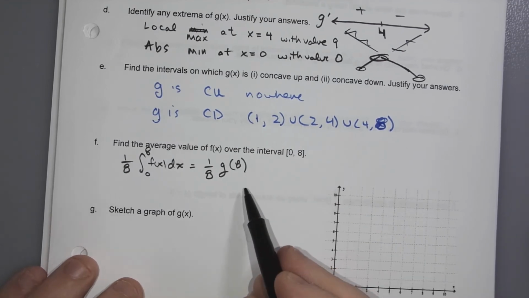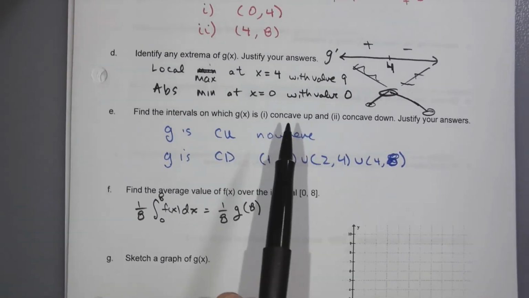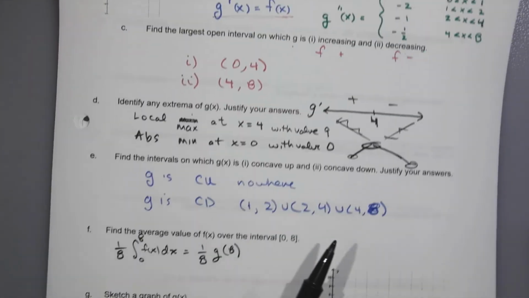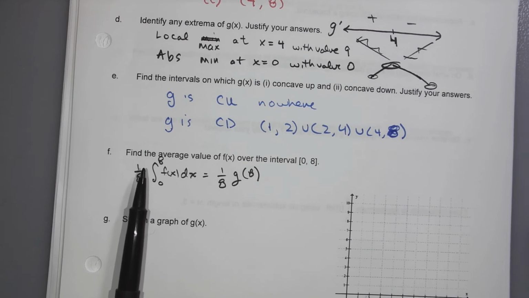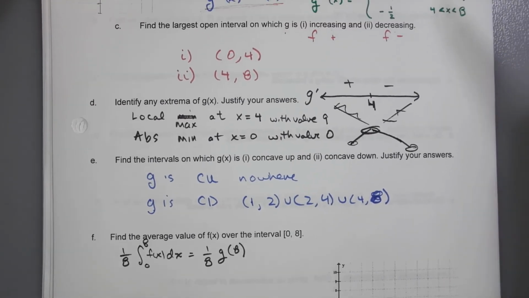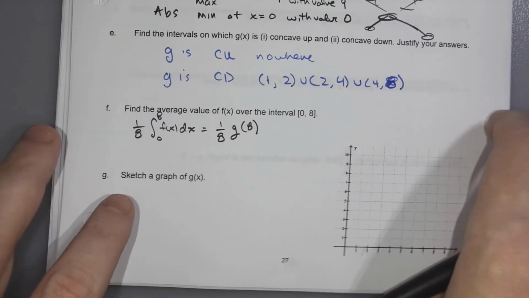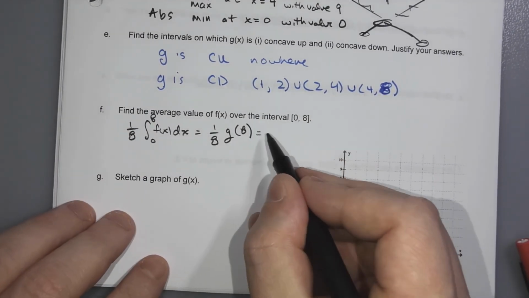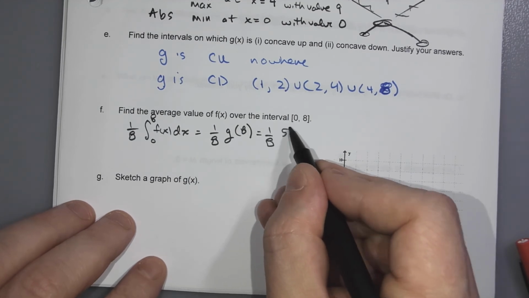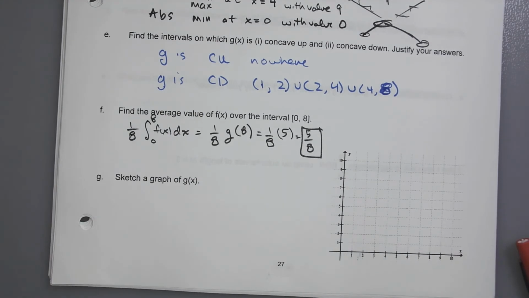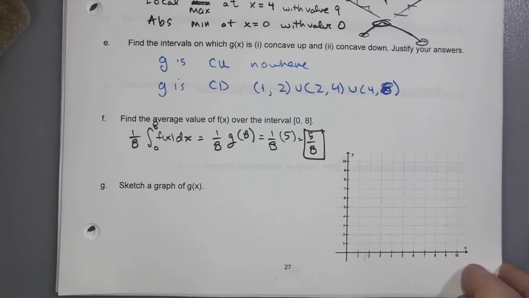Right? Because g was defined to be the integral from 0 to whatever, and we just want to find the integral from 0 to 8. G of 8 was already calculated, right? G of 8 is already 5. So that means this answer is going to simply become 1/8 of 5, which of course is 5/8. So you see how that original piece of information really feeds us everything we need.